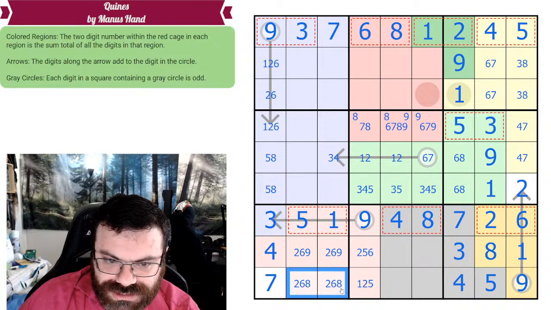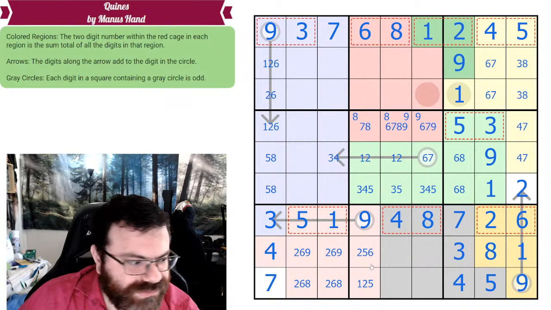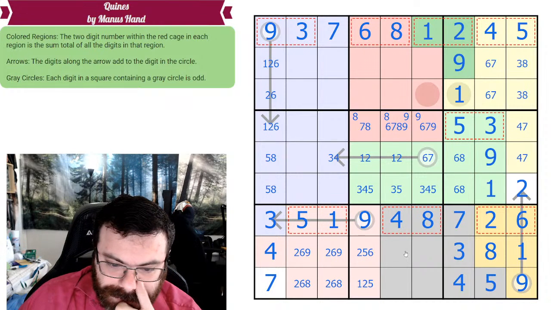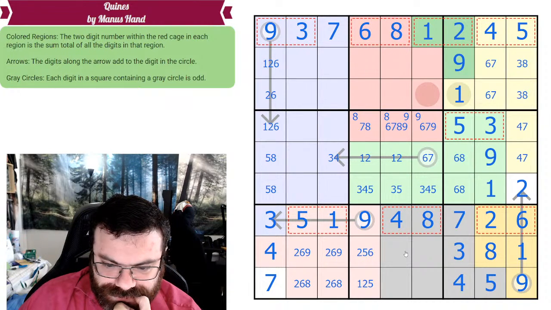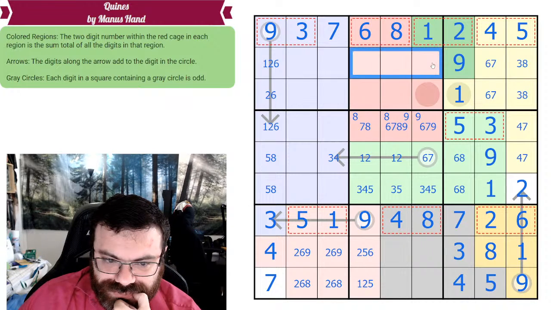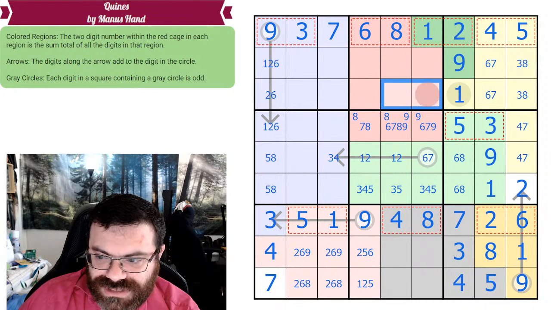It's not 8, that's not 9. So 9, one of these two.